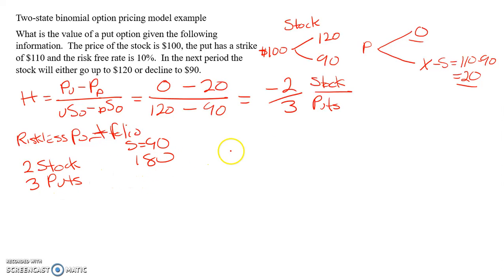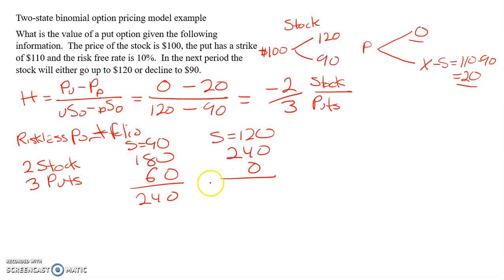And then the puts are worth 20, so 3 times 20 is 60. That's 240. And then our stock in the up state is 120, and 2 times 120 is 240. And then the value of our puts is 0 in the up state. So that's 240. So in this case, we're going to buy the puts. We need to be long on the puts because we need to receive those payments in the event that the stock price falls.